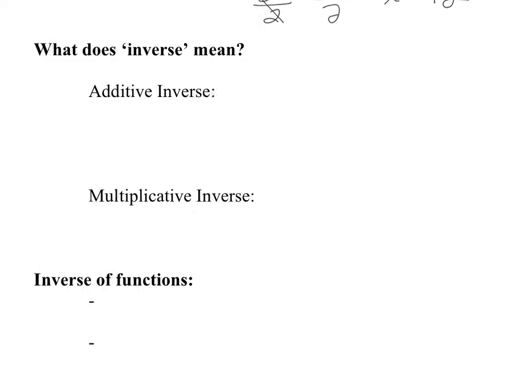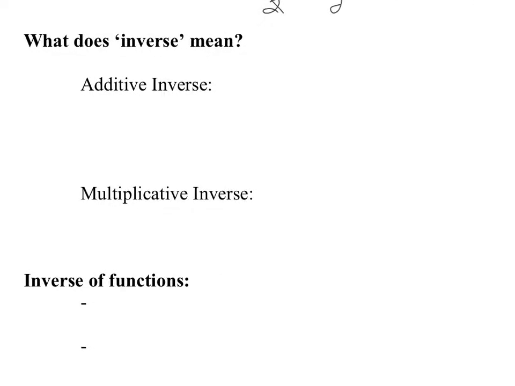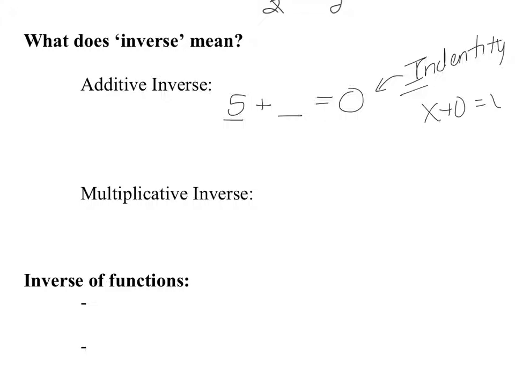So when we talk about the additive inverse, two things are additive inverses if, let's say 5, I add these two things together and I get the identity. That's what inverses are. The identity for addition is 0, and it's an identity because if you add anything plus 0, it stays the same.